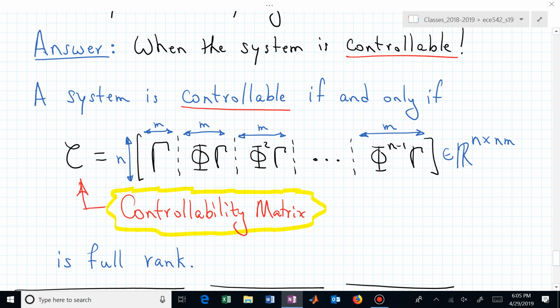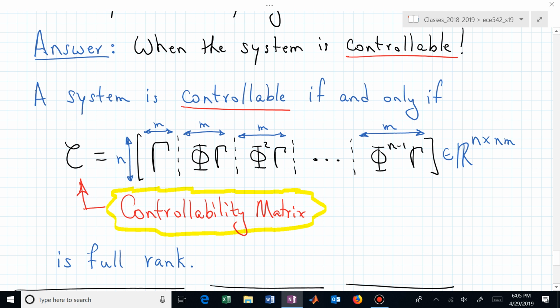So if we have more than one input, it could be wider than it is tall, this controllability matrix. If little m is 2, if we have 2 inputs, now this controllability matrix is N tall, but it's 2N wide. So it's not necessarily square.